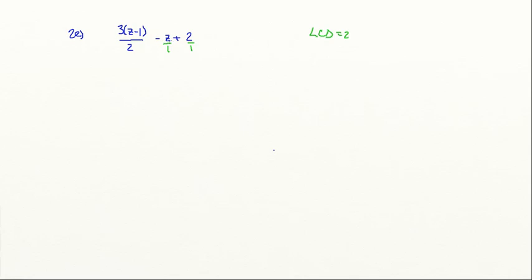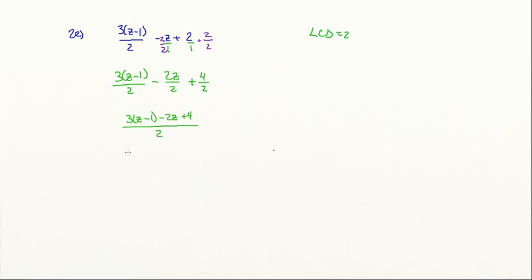And since the lowest common denominator is 2, I need to multiply this term by 2 over 2. I need to multiply this term by 2 over 2. And I get 3 times z minus 1 over 2 minus 2z over 2 plus 4 over 2. Everything is over 2. Let's simplify.